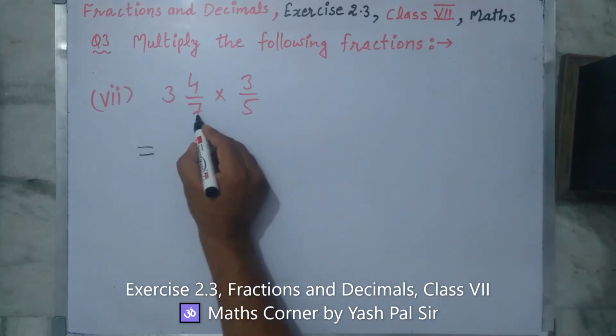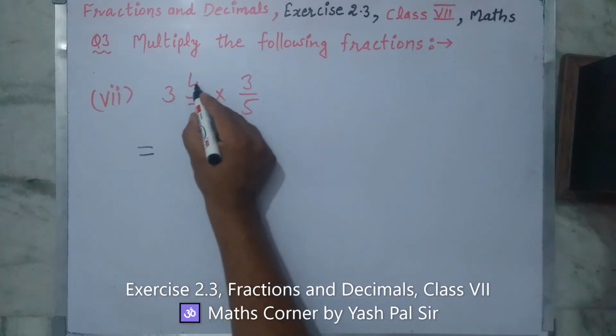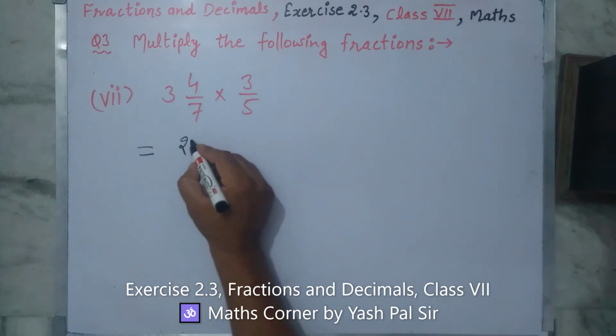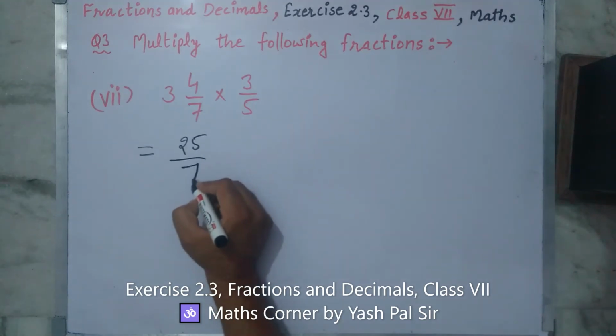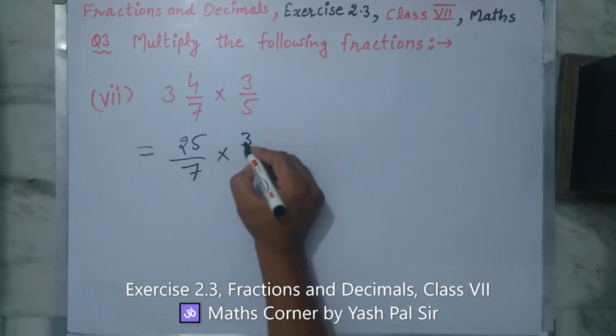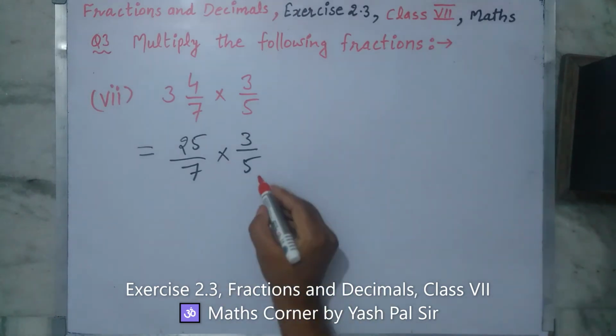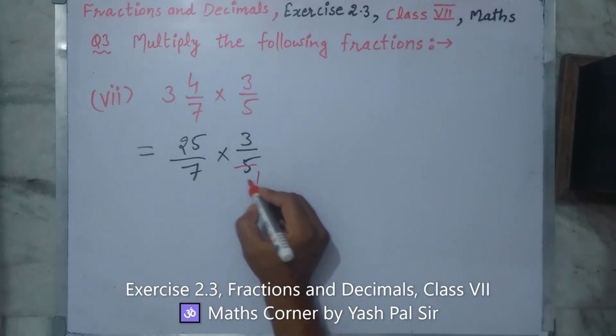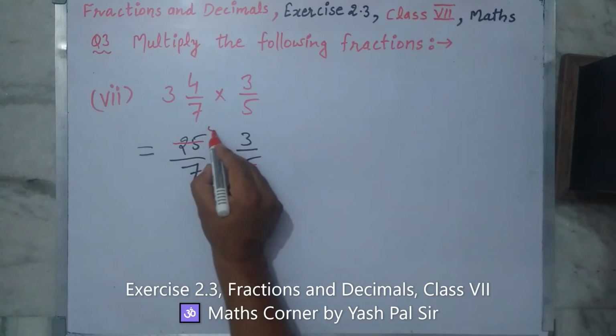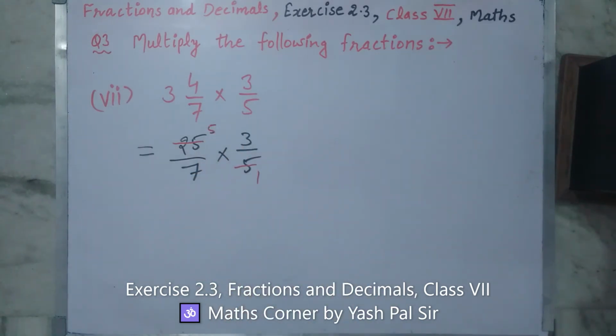3 into 7 is 21. 21 plus 4 is 25, so 25 by 7 divided by 3 by 5. So my dear students, here 5 ones are 5, 5 fives are 25.